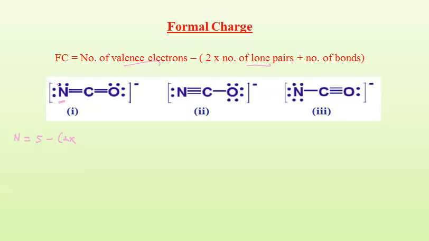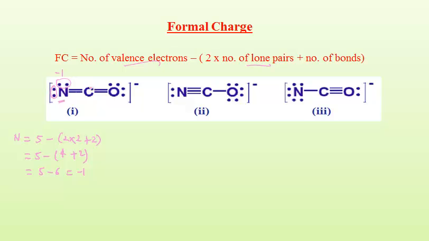Nitrogen has 2 lone pairs. We mention here 2, plus the number of chemical bonds formed by the nitrogen atom. It forms 2 chemical bonds. Now we can do the calculation here. 5 minus 2 times 2 is 4, and here we have 2, and so 5 minus 4 plus 2 is equal to 6. Here we get minus 1. Well, the formal charge over this nitrogen atom is minus 1.